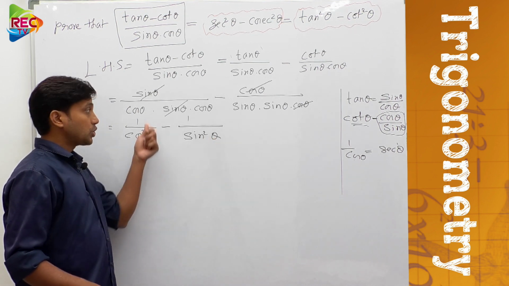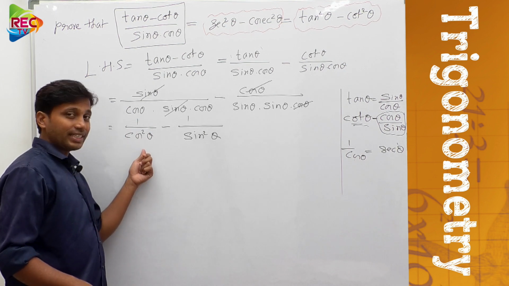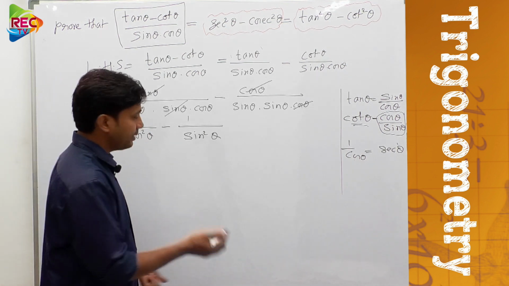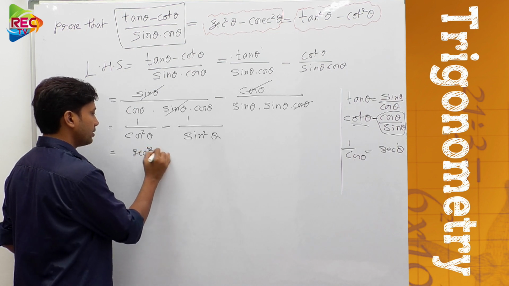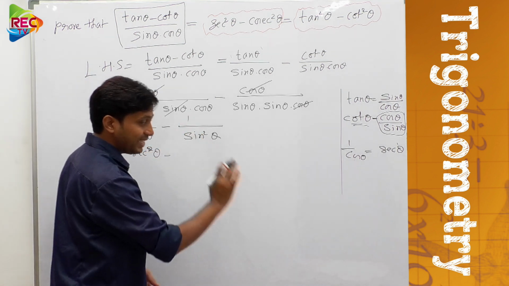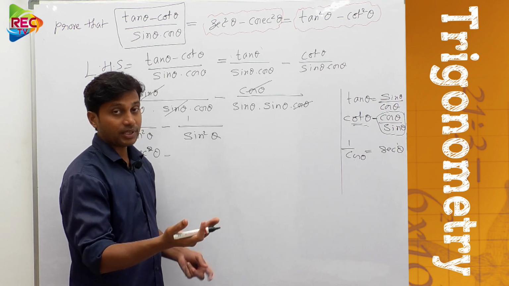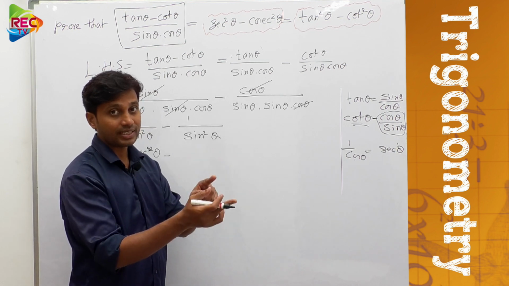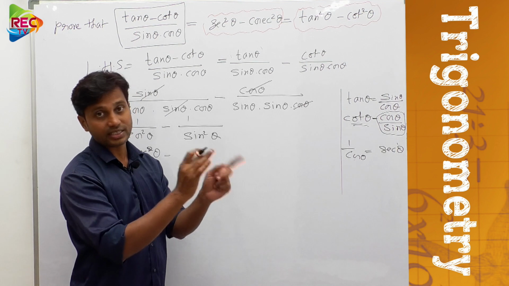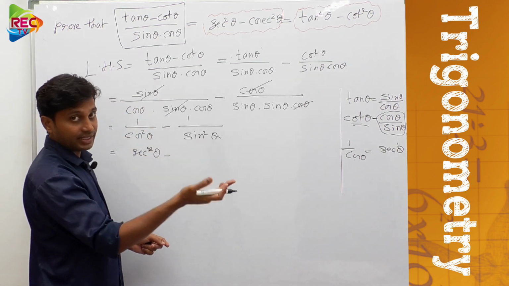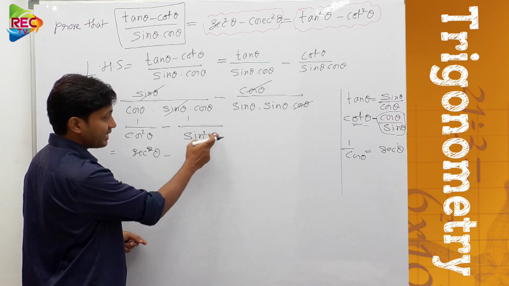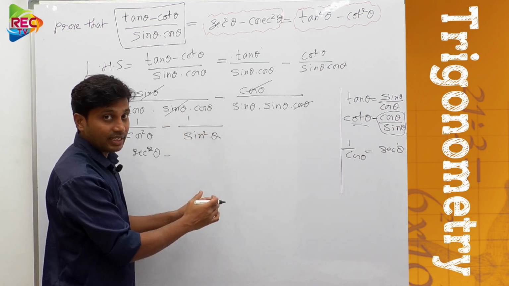Squaring that, 1 by cos square theta is equal to secant square theta, right? So here secant square theta minus 1 by sin theta is what? Cosecant theta, because sin theta and cosecant theta are reciprocals of each other. Therefore 1 by sin theta is cosecant theta, and to that there is a square. So 1 by sin square theta is equal to what?